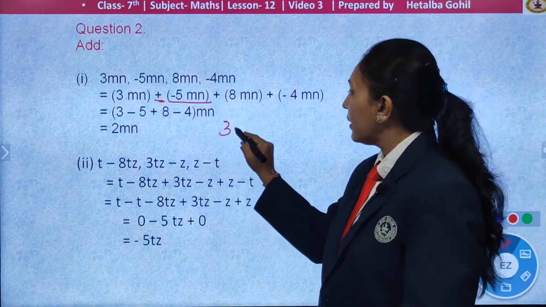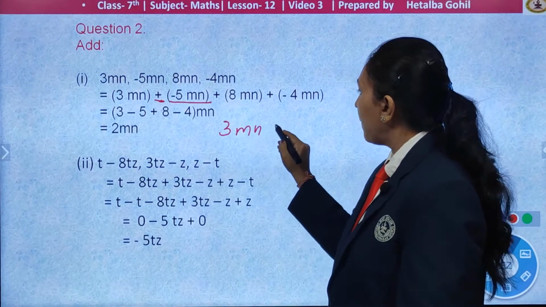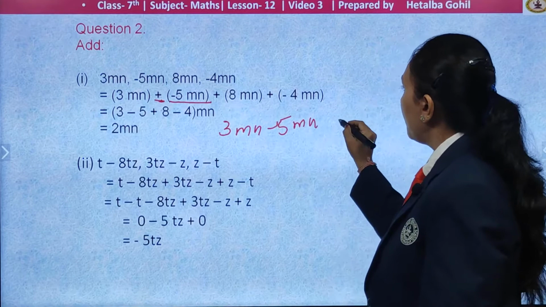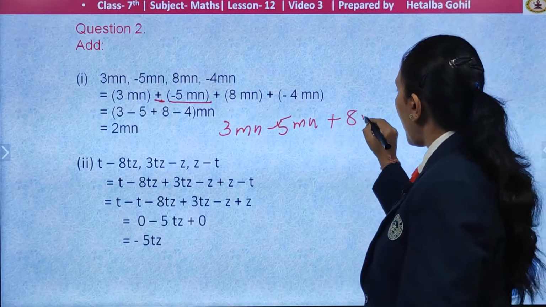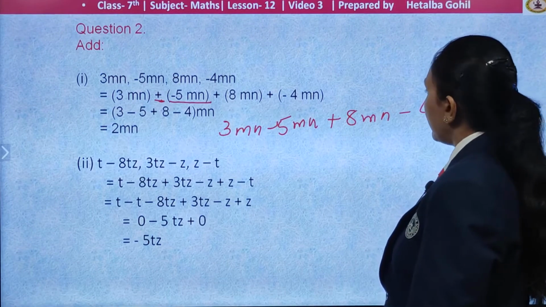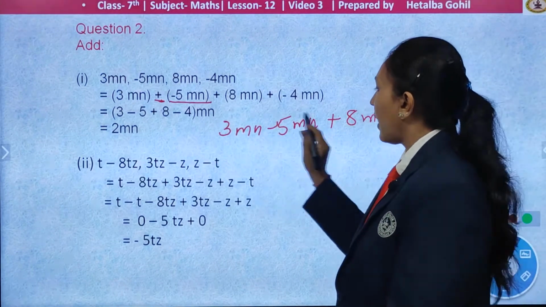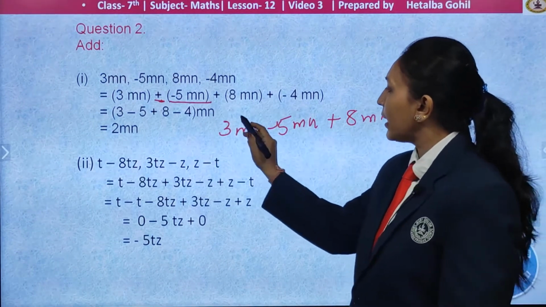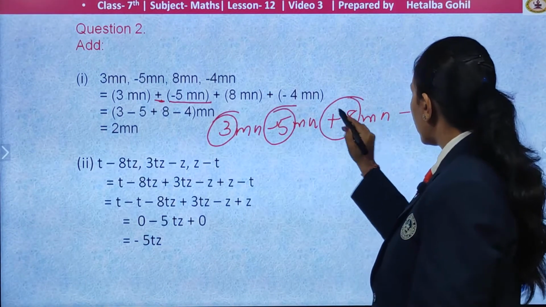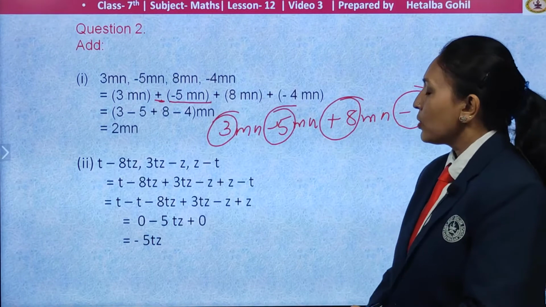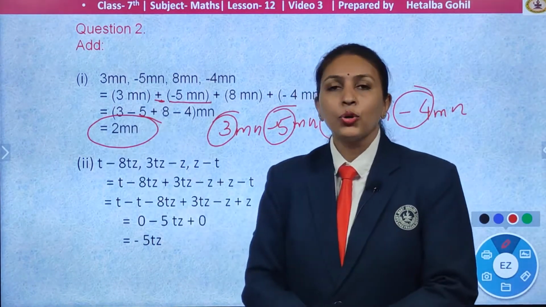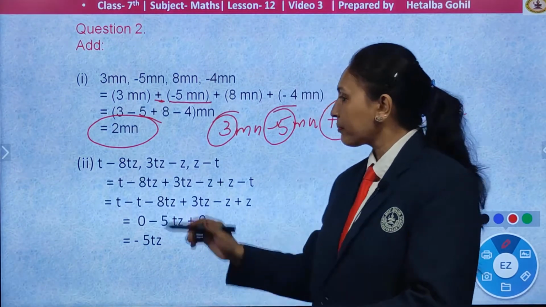So it will be 3mn minus 5mn plus 8mn minus 4mn. All the variables here are the same, that is mn. So only calculate the coefficients. 3 minus 5 plus 8 and minus 4. So when you simplify, children, you will get your answer here as 2mn.